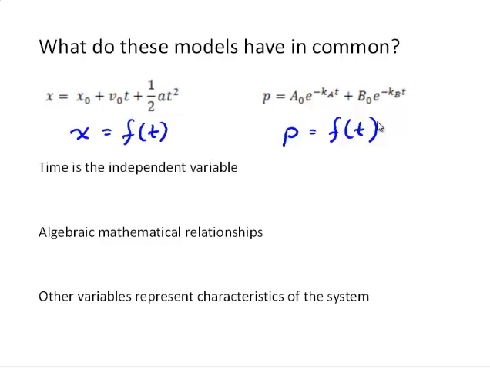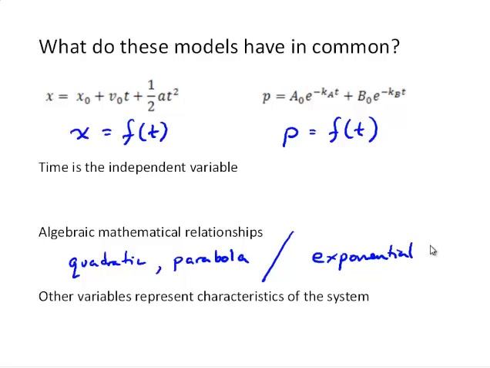Both models also involve an algebraic mathematical relationship. In the case of the kinematics model, we have a quadratic polynomial or parabola. In the case of the population model, we have an exponential model. Actually, a linear combination of two exponentials. And then both models have other variables in the model that represent physical characteristics of the system.